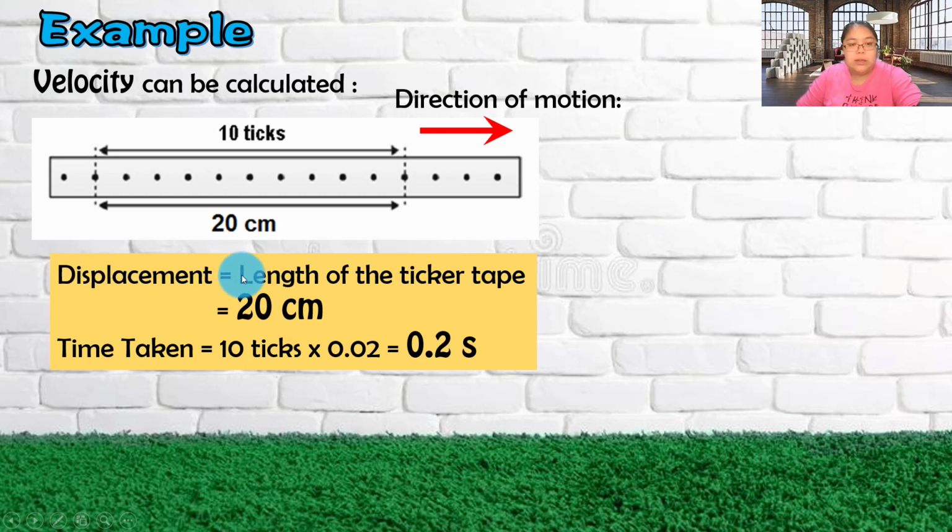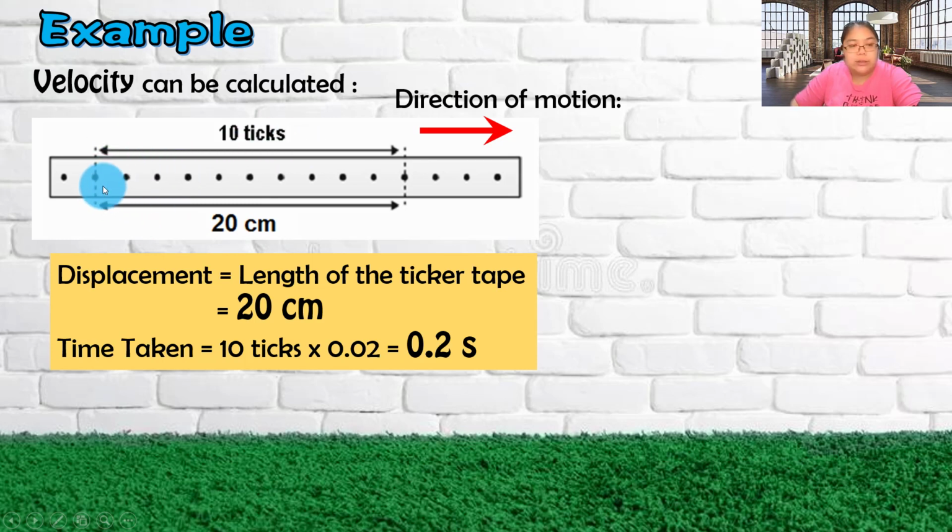Displacement equals the length of the ticker tape. If I say displacement from the ticker tape, that means the length. Now the question gives you the length as 20 cm. Not the whole tape, they give you only some part. Time taken for this 20 cm is how many? So you need to know how many ticks are inside.